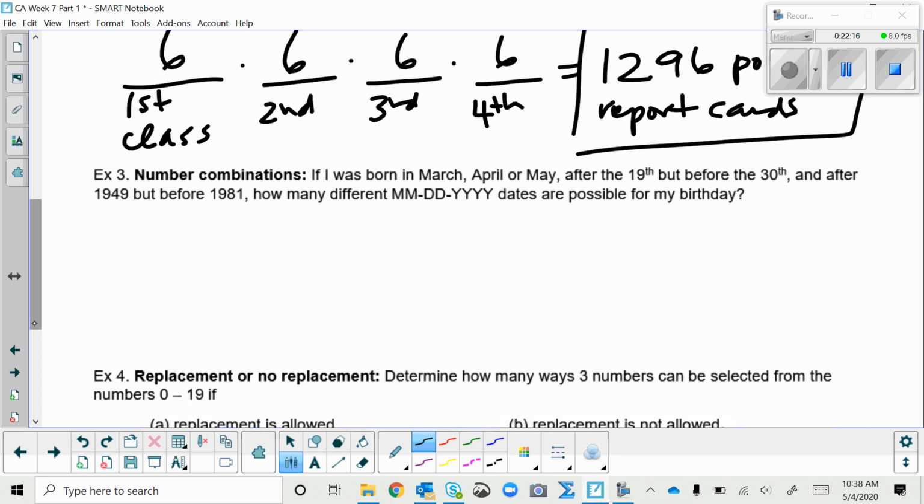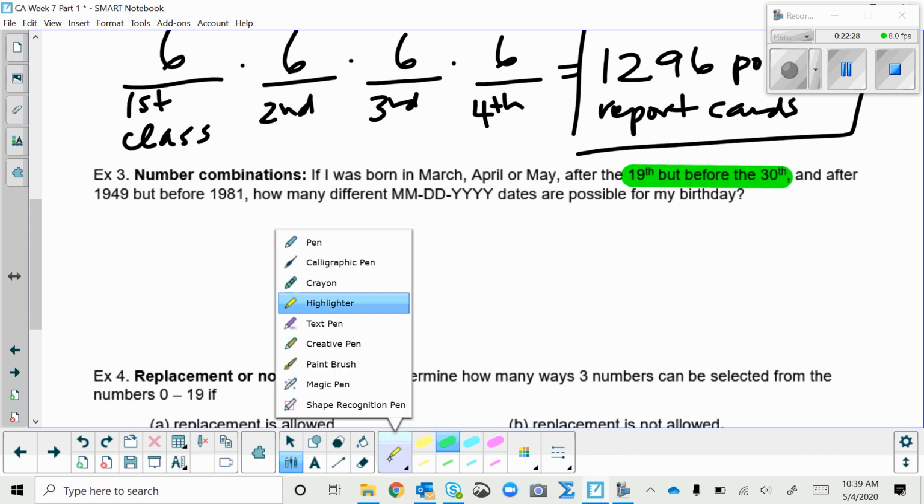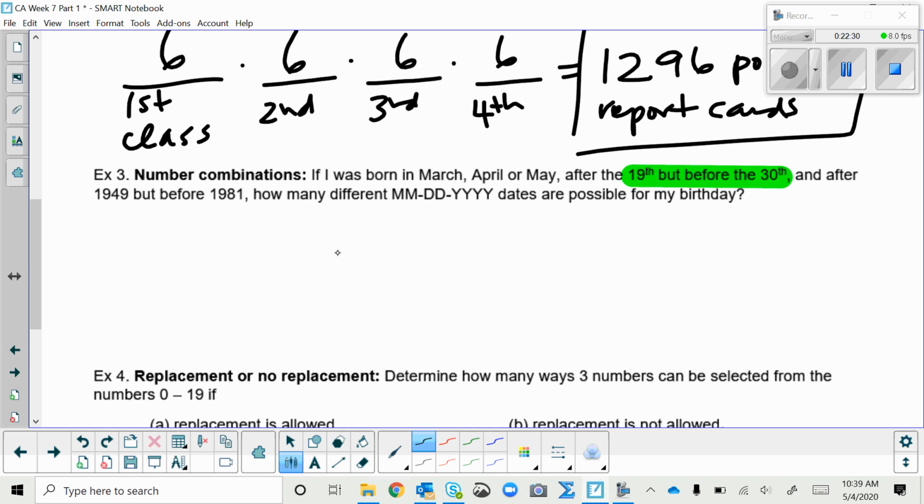Take a minute and I want you to just set up the problem and think really, really hard about this part of the problem. Okay, so here are the tasks.